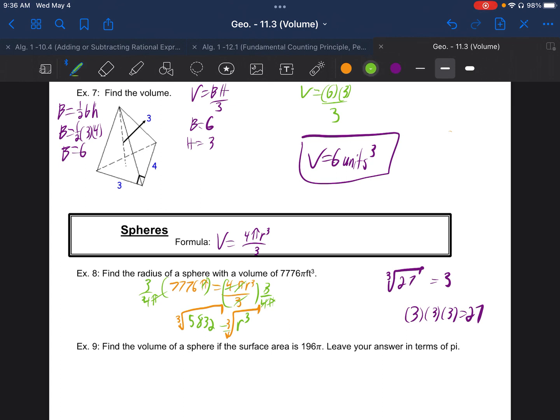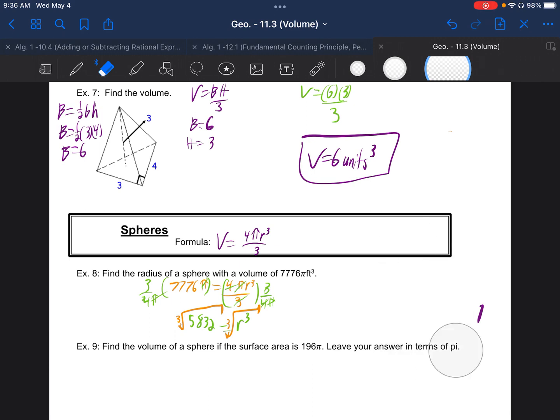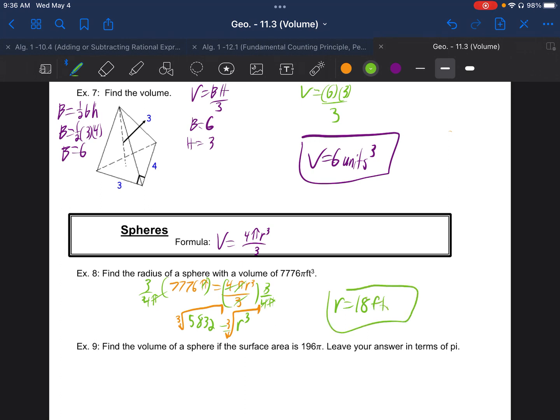Another good example would be that the cubic root of 64 would be 4, because 4 times 4 times 4 is 64. So on a much bigger scale, the cubic root of 5,832 will be 18 feet. And that gives us our radius, because a cubic root and cube undo each other, just like a square and square root do.